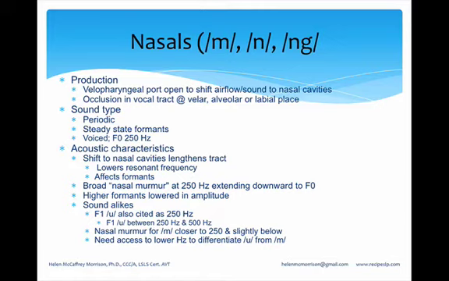And the effect is this way. You have this increased low frequency energy that's called a nasal murmur. There's a massing of low frequency energy at about 250 hertz, and it actually extends a little bit below 250 hertz toward the fundamental frequency. The higher formants, F1, F2, F3, get really weakened.